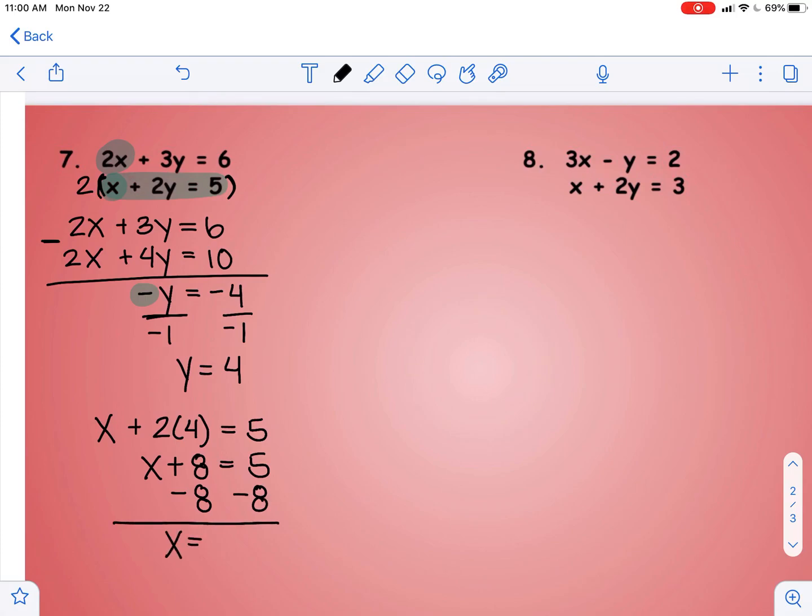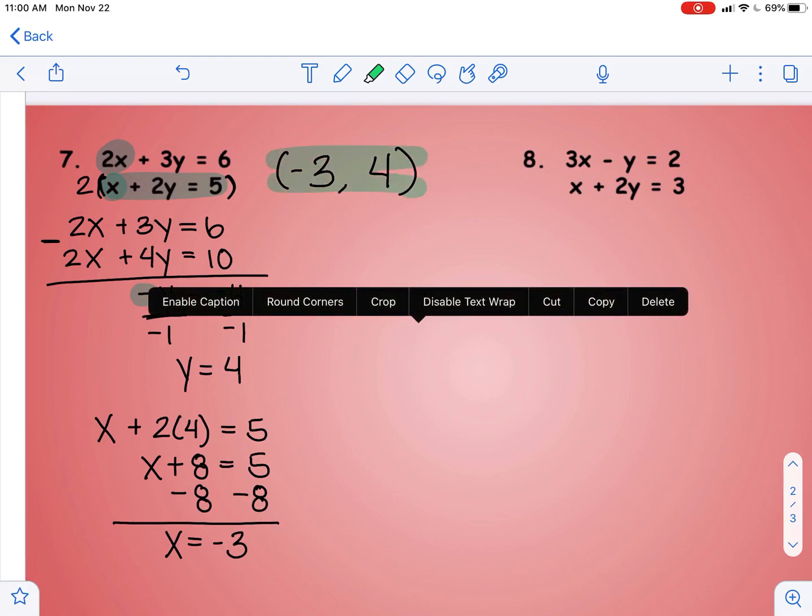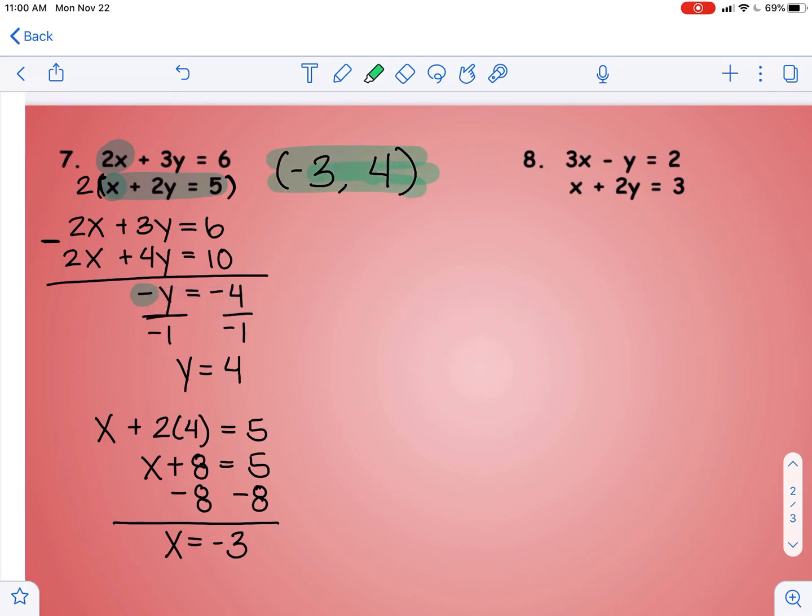And I'm going to get x is equal to negative 3. So coming back here, I'm going to write my ordered pair. So I've got an x of negative 3 and a y of 4. So that is my ordered pair. That is my answer for this question.